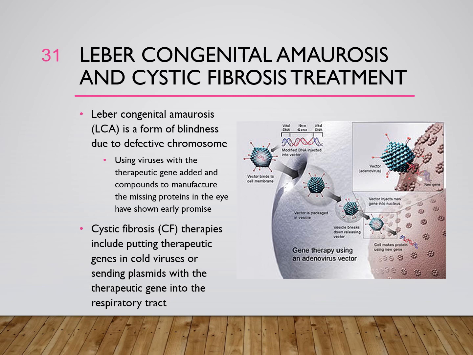Another example is cystic fibrosis therapies, including putting therapeutic genes in cold viruses or sending something called plasmids, which are bacterial DNA rings that have been altered, into the respiratory tract.